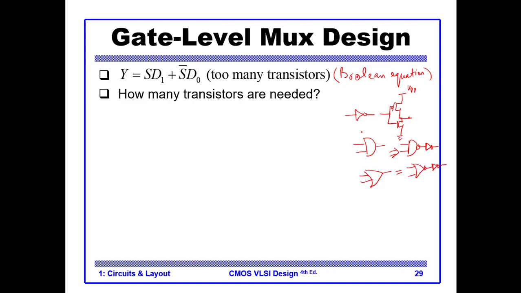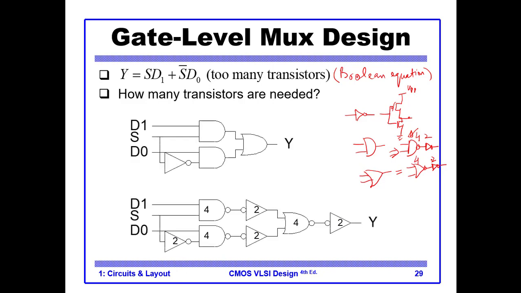So this is what you have to remember. The AND gate was 4 transistors plus 2 for NOT, and the NOR was 4 transistors plus 2 for NOT. So if you want to implement the above equation, this is the circuit.